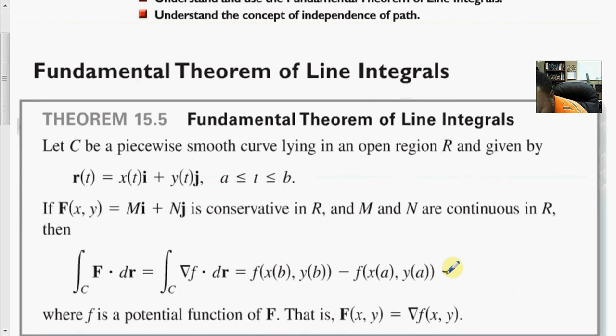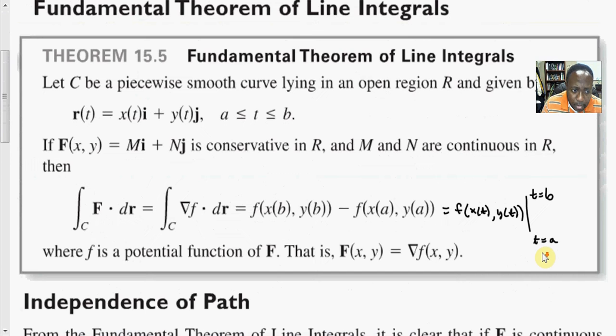So what this equals is the potential function f of x of t, y of t, evaluated as t goes from a to b. So that's the key to the fundamental theorem of line integrals.